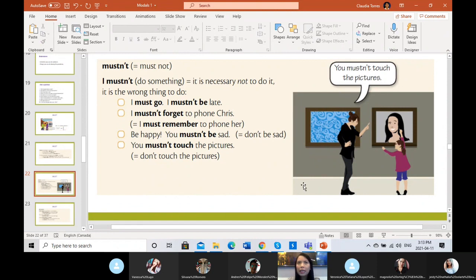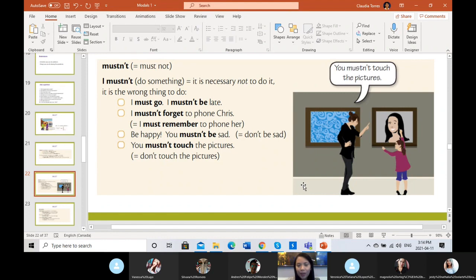Now I want you to tell me in the chat more examples about some rules. Especially if you are a mother or father, parents say many rules, right? They usually say you mustn't break the windows, or you mustn't eat your brother's food, things like that.